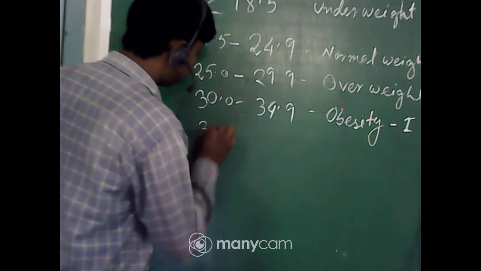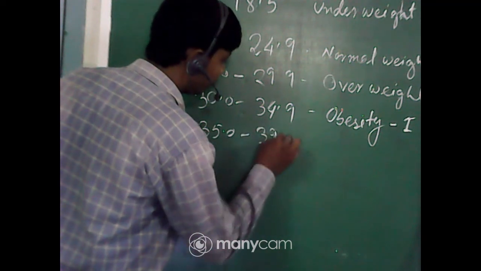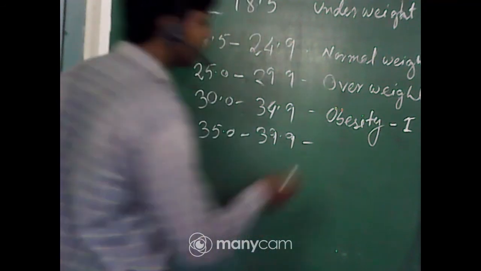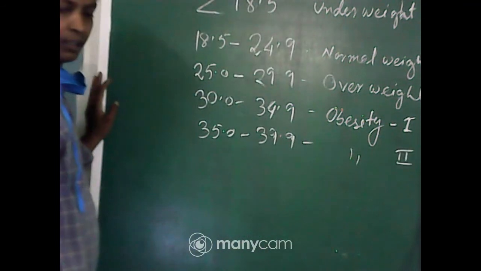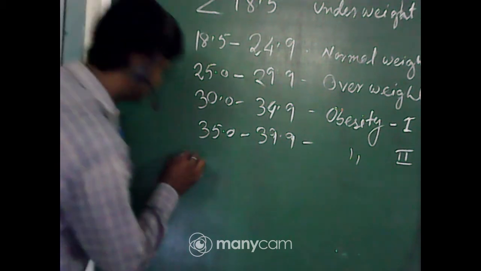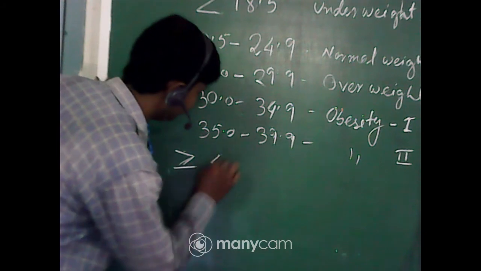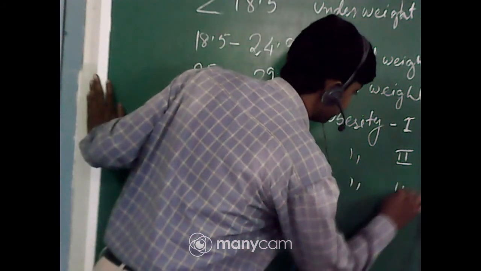Next, 35 to 39.9, it's called obesity 2. Next, greater than or equal to 40, it's called obesity 3.